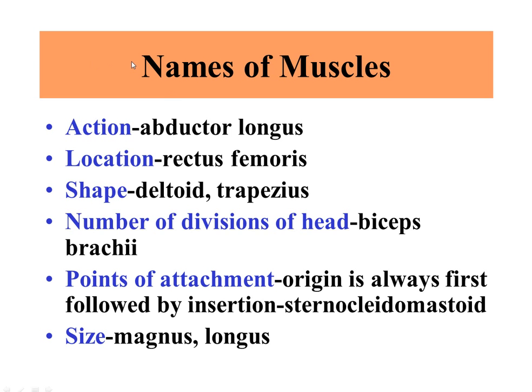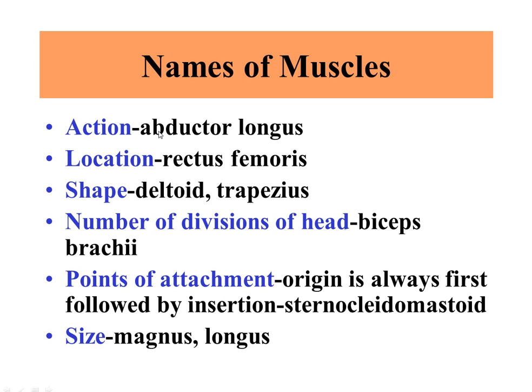Now, how do muscles get their names? Some names are derived from their action. The abductor longus is a long muscle that abducts the leg.